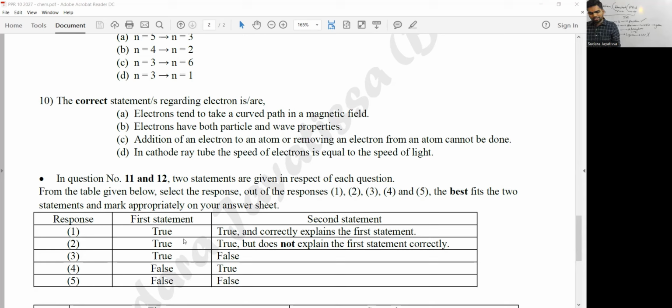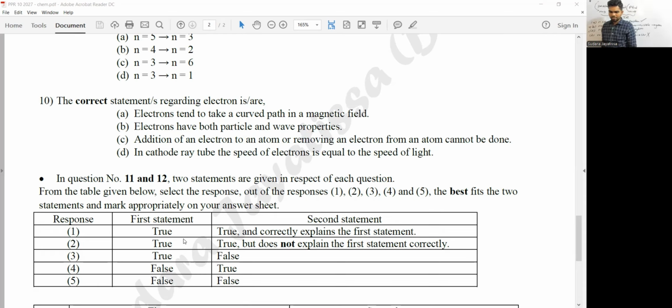So what about C and D? C and D are wrong here. So why are C and D wrong? Look at C: addition of an electron to an atom or removing an electron from an atom cannot be done. It's wrong, because when we make ions, we add or remove electrons.